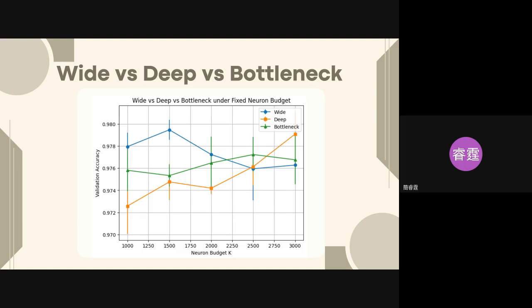And the deep model spreads the same number of neurons into several layers. And when K is small, each layer becomes narrow, so its performance is worst at the beginning. But when K becomes larger, deep improves more obviously. When it increased to like 3,000, it is the best one, the best model.